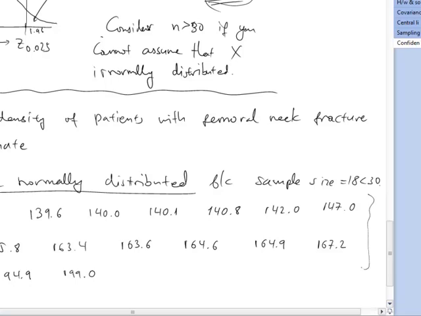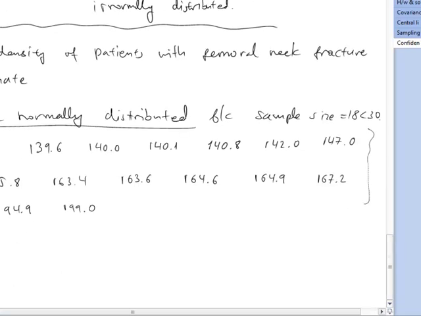And now I can construct a box plot. To construct the box plot, I have to find the first quartile, the second quartile or median, and the third quartile. What is the first quartile?